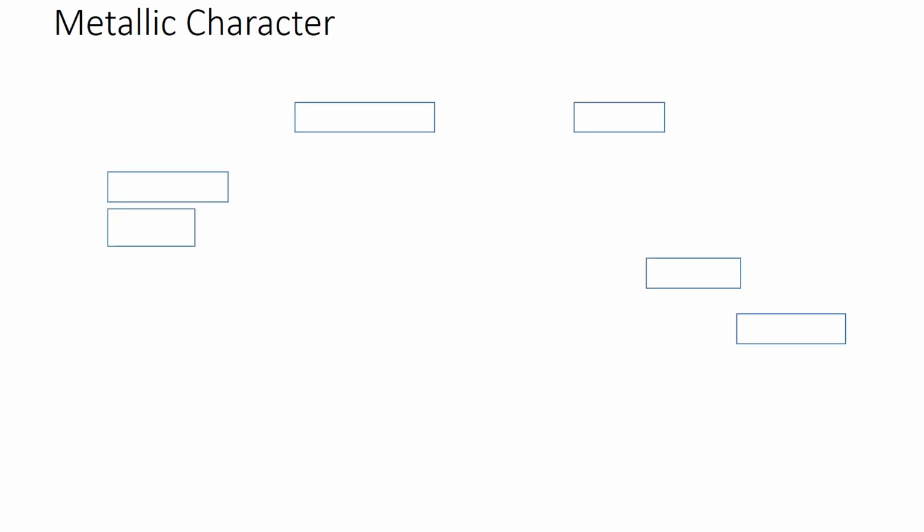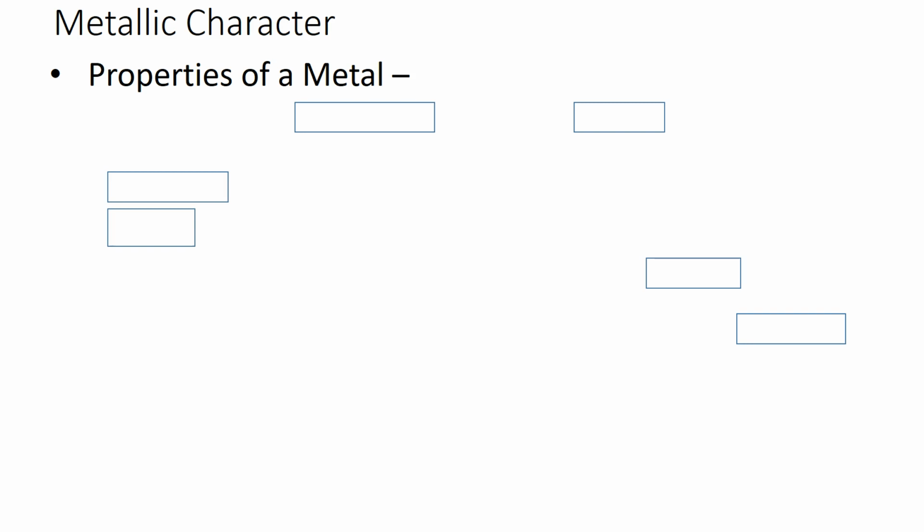All right. And then the last trend is called metallic character. So we can think of elements as metal and non-metal, but we can really think of it more as a spectrum, that if you're way over here, you're more metallic, and if you're way over here, you're less metallic or more like a non-metal.